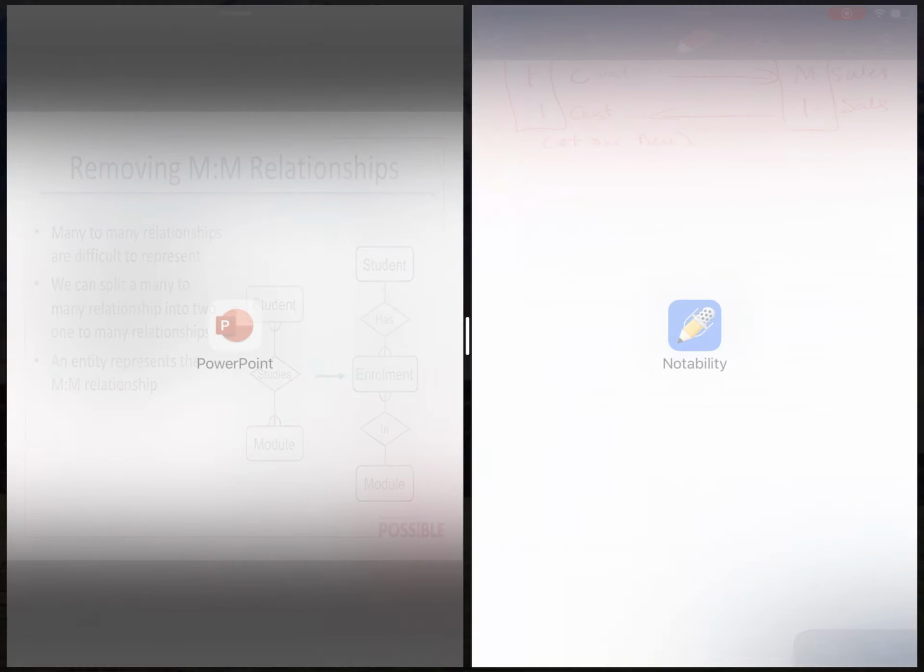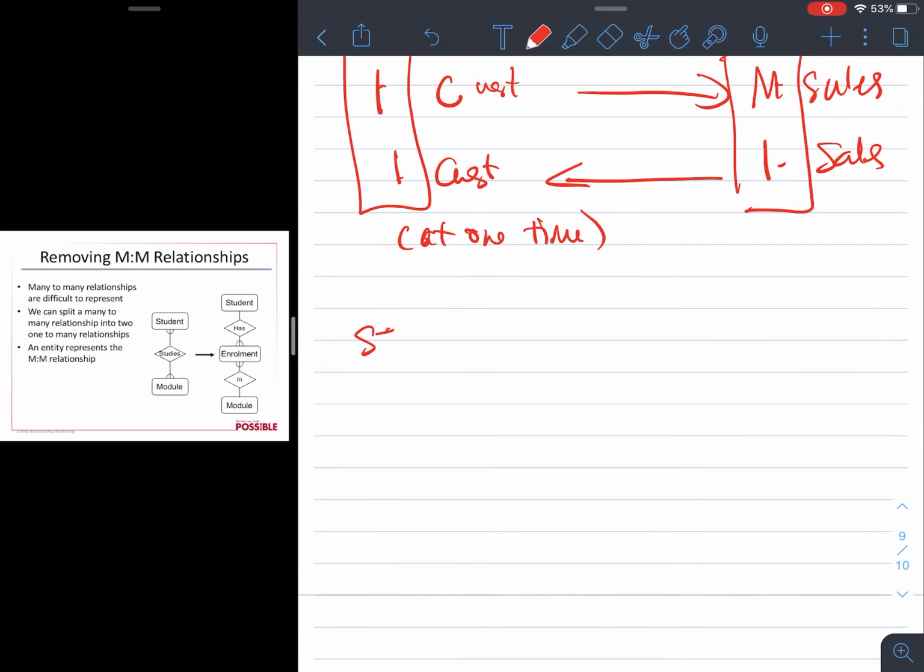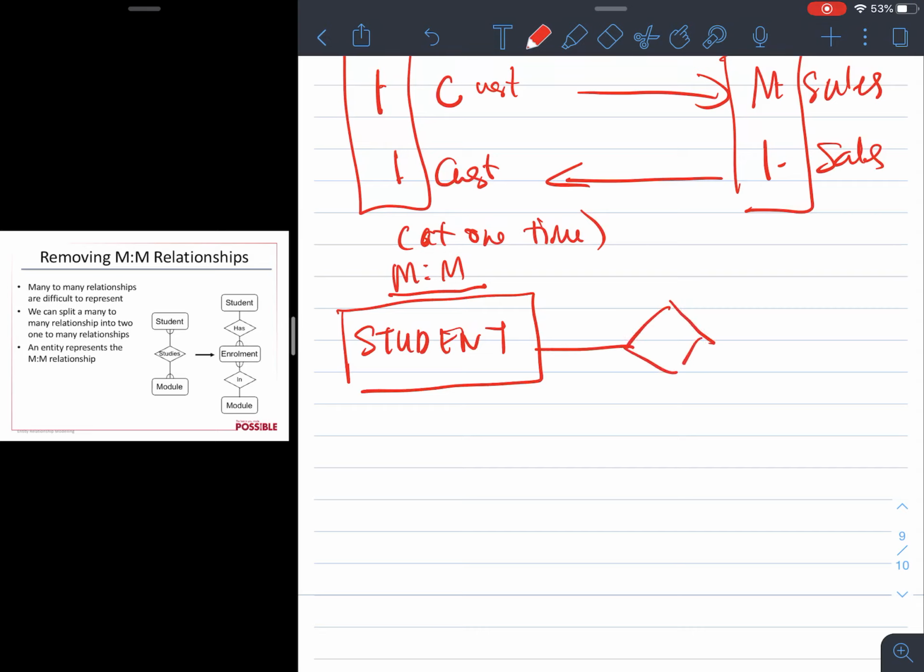When you have a many-to-many relationship, this is between student and lecturer. Let's say student taught by lecturer, a many-to-many. This is another rule that you have to follow.